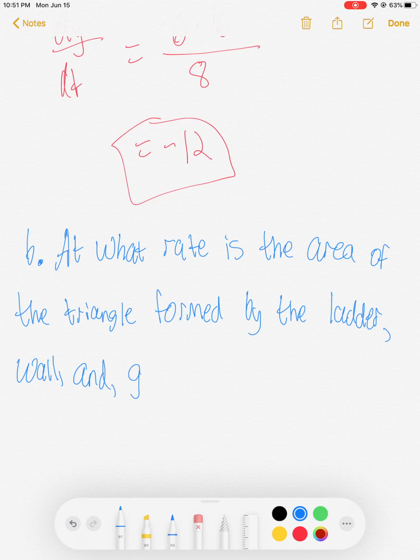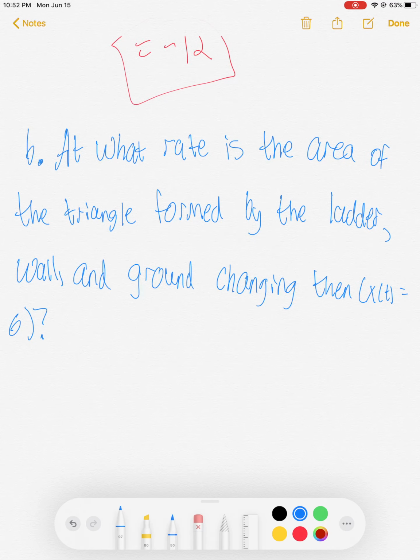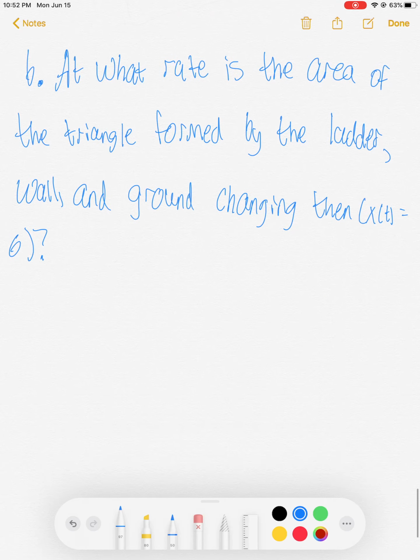So, at what rate is the area of the triangle formed by the ladder, wall and ground changing then?